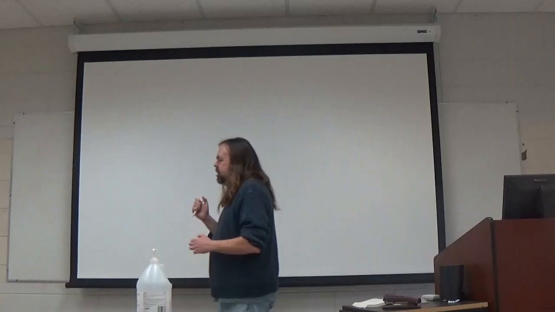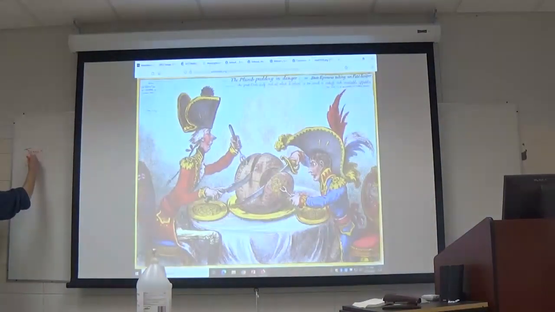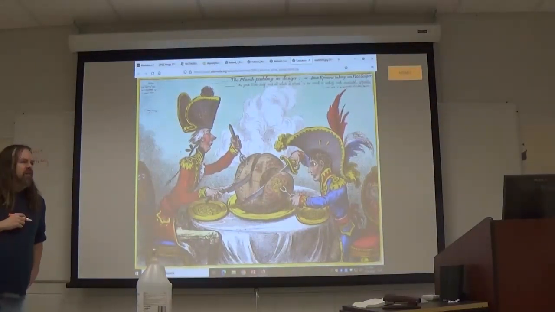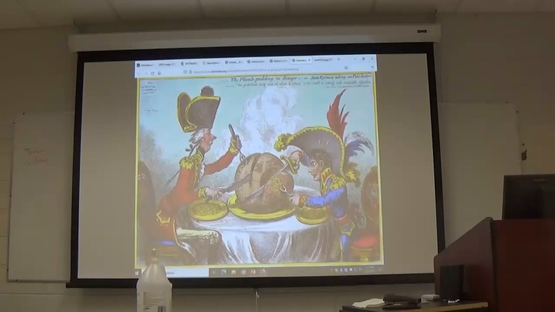One of the best known cartoonists of this period is a guy by the name of James Gillray. And Gillray was often on the government payroll, so he would sometimes be paid to produce propaganda pieces, but on his own, he would produce cartoons that were often just as critical of British policy as of French, right?